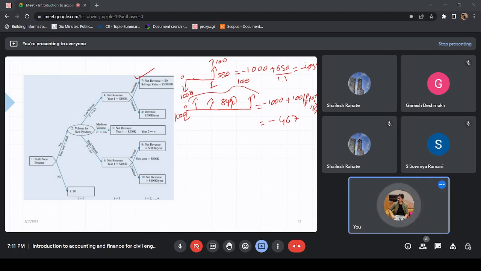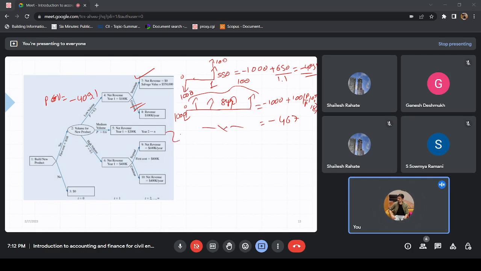You will see that the negative value is lower in the case of the first option. So you will say that for further analysis I won't be considering this. If you have the choice directly, yes or no, you will only move forward with this. So in the low volume case, the value is minus 409.1, present value, right? Or do you have any confusion in this?